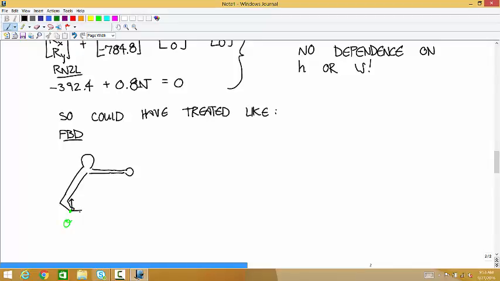We have a force vector, R. That's the friction contact. We have a weight force that now I'm going to put here. And we have a roller force that now I'm going to put here.